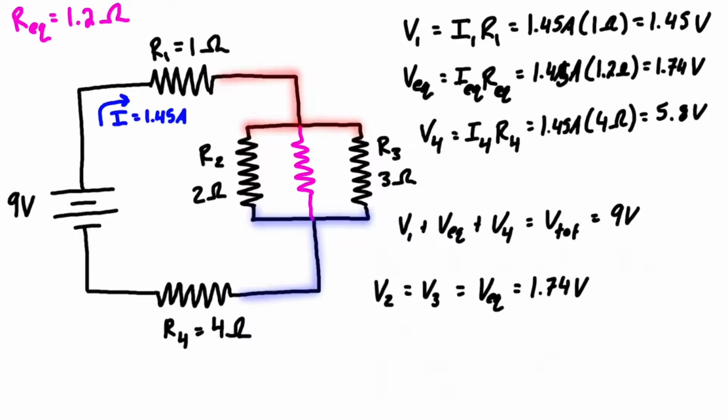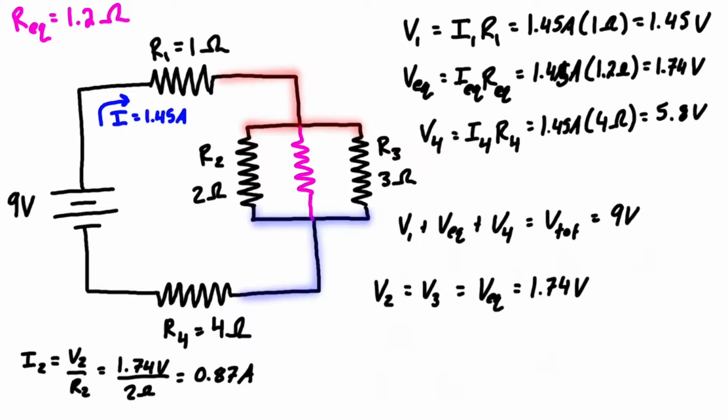So we can write the expression, let's do I2 first. We just rearrange Ohm's law to get I2 is equal to V2 over R2, which is going to give us the voltage drop of 1.74 volts over 2 ohms, and that is just 0.87 amps.